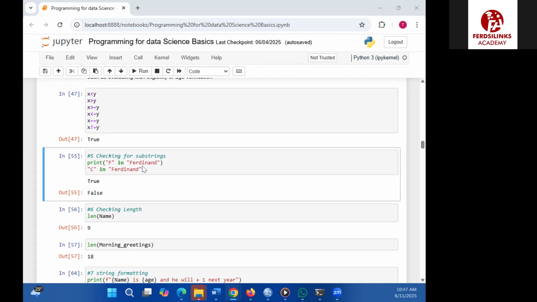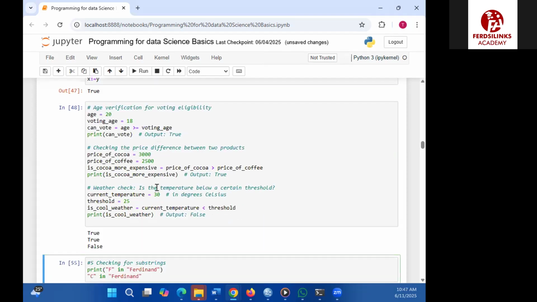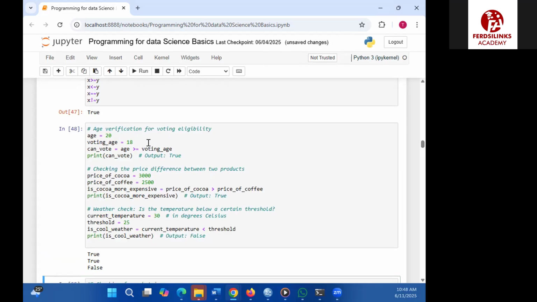Then this is another exercise which I did just to help us see what is happening. Let's assume that you are an electoral officer and you want to check if somebody is eligible to vote.